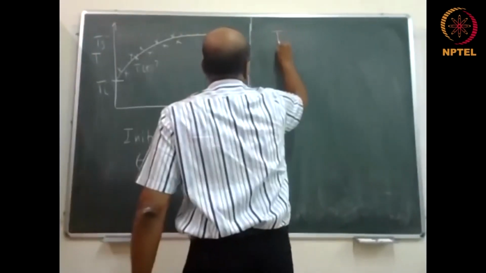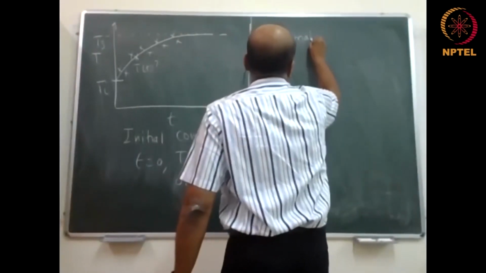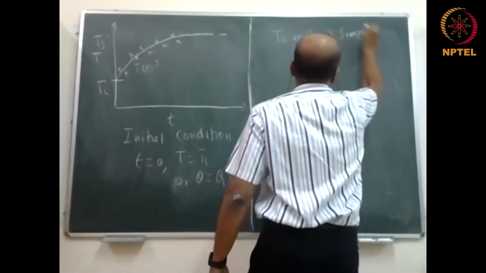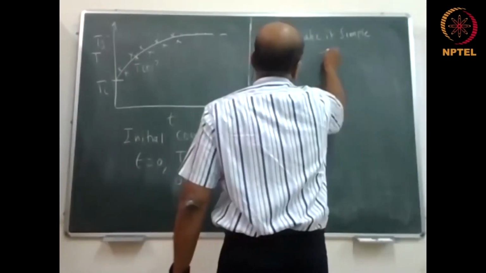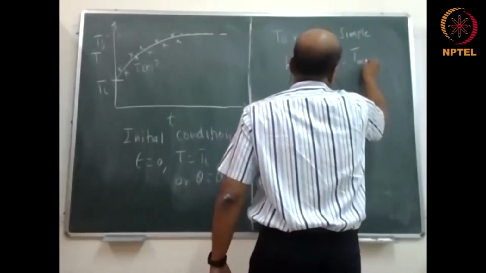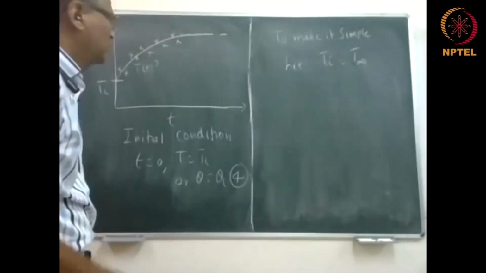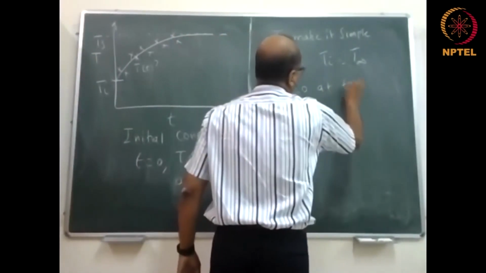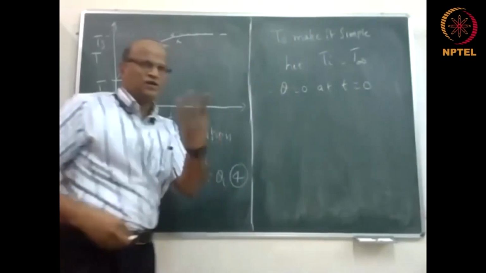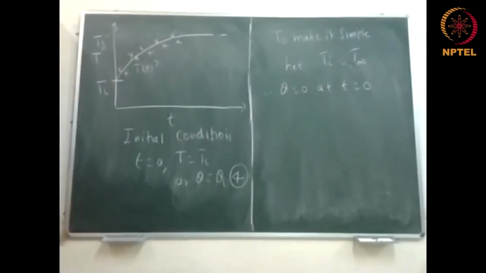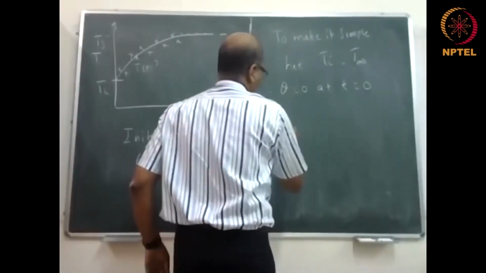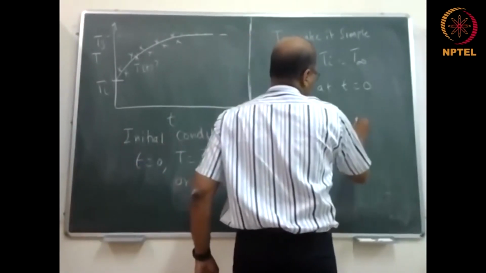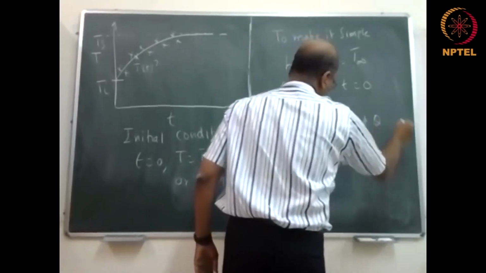To make it simple, let Ti be equal to T infinity. Therefore, theta equal to 0 at t equal to 0. So this is the condition. Now, MCP d theta by d tau equal to Q minus HA into theta.